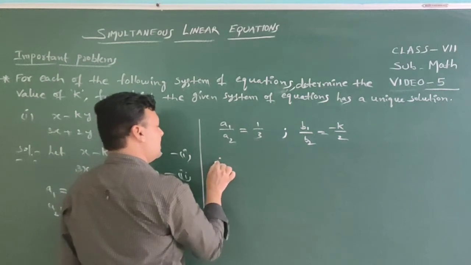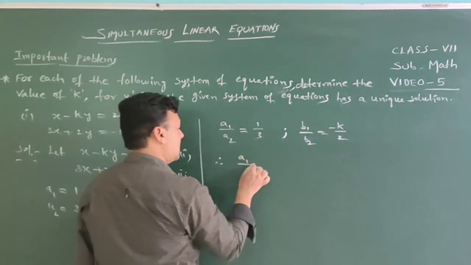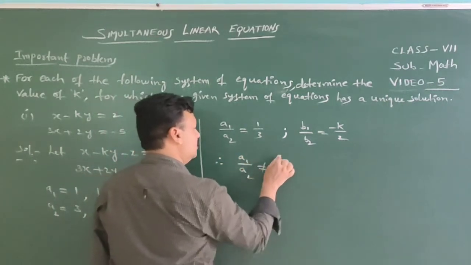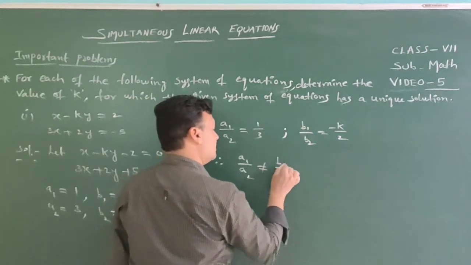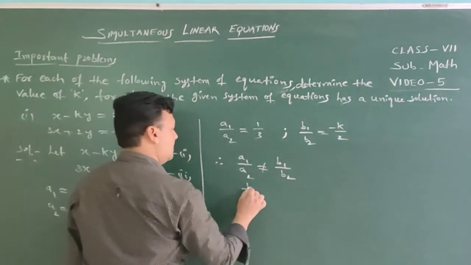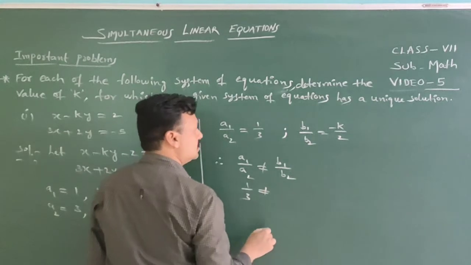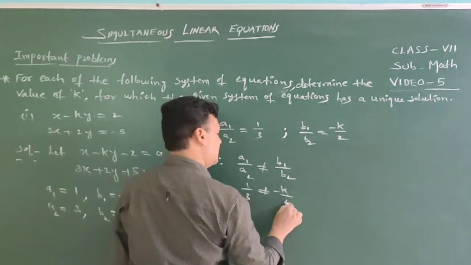The given system has a unique solution. The condition is a1 by a2 is not equal to b1 by b2, that means 1 by 3 is not equal to minus k by 2.